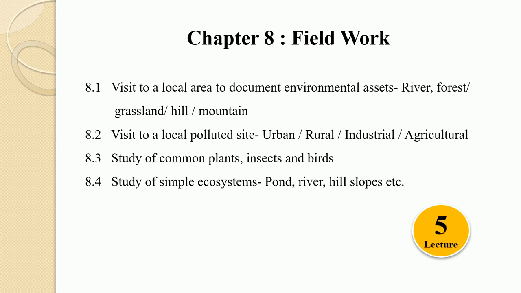And we are going to visit a local polluted site, that is an urban site or maybe an industrial site, then study common plants, insects and birds which can be done in the agricultural fields and in the forest, and the study of simple ecosystems like pond ecosystem, river, hill, slopes. So all these topics are covered in our field work. So this is the overall syllabus for this ability enhancement compulsory course, that is environmental awareness.